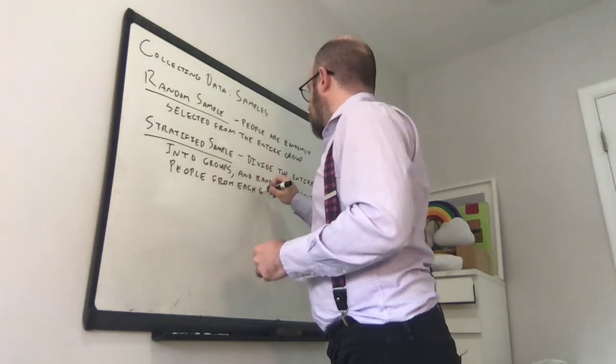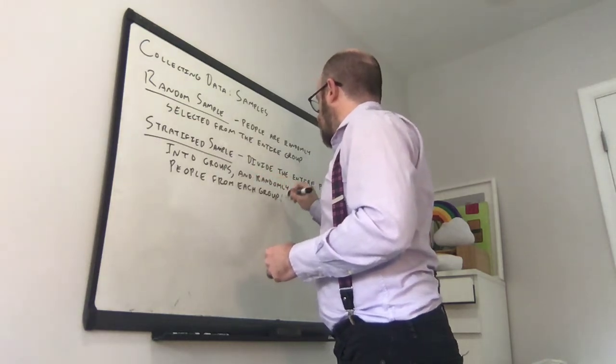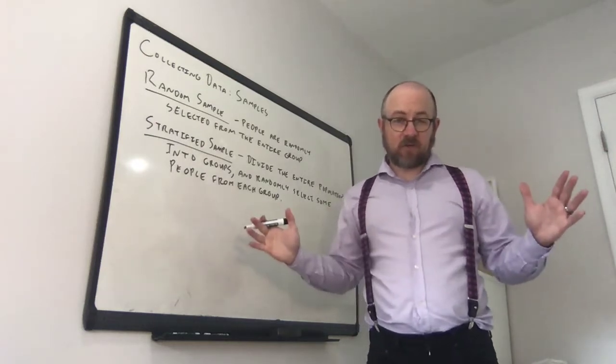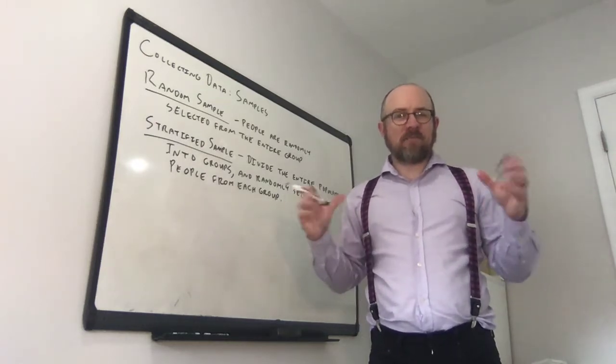So you can divide the entire population up into groups, and then you randomly select some people from each group.